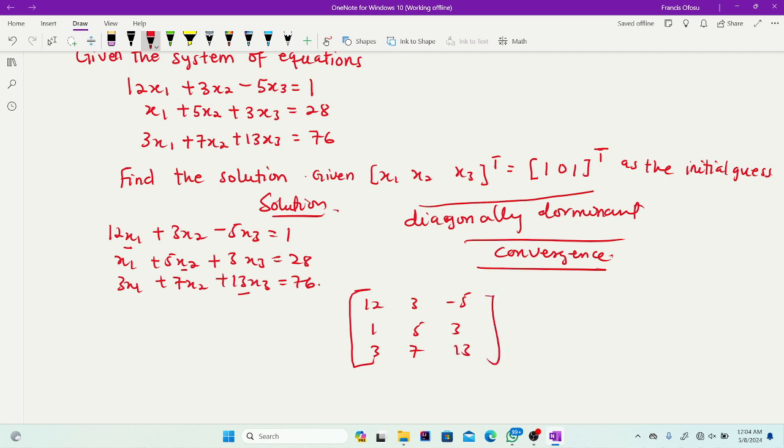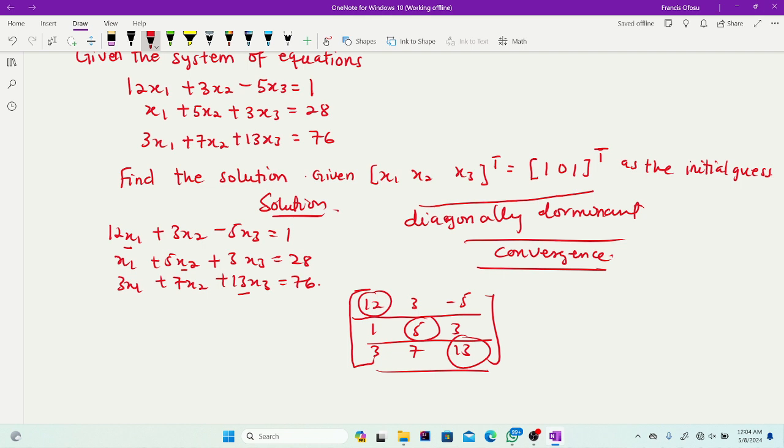So if you want to show that this is diagonally dominant, when I take the magnitude, the absolute of each of the entries, you realize that the elements on the principal diagonal happen to be the largest in magnitude in each row. So in the first row, 12 is bigger than 3 and bigger than 5. In the second row, 5 is bigger than 3.